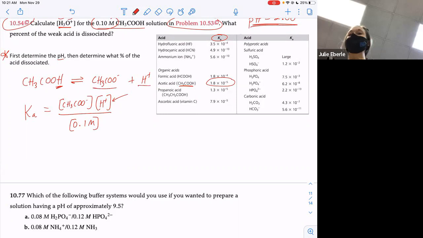If that dissociates, you can't make one without making the other. So I'm plugging in X for both of these things. And what else do I need to plug in? Ka. I know what Ka is. So my equation becomes 1.8 times 10 to the minus 5 equals X squared over 0.1 molar.